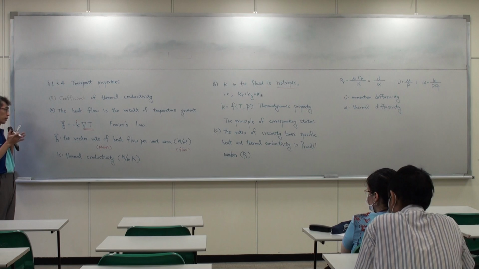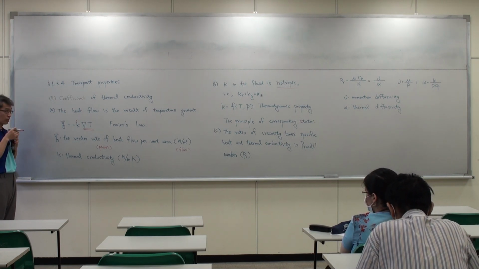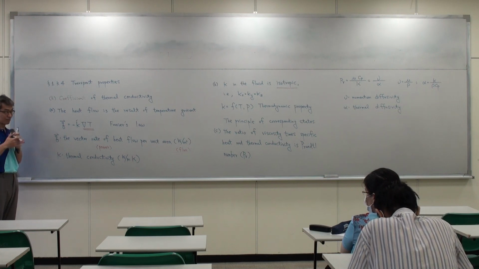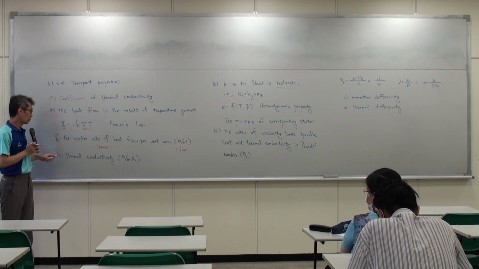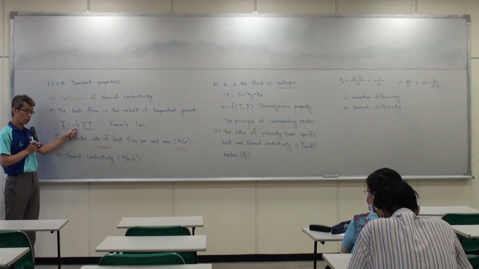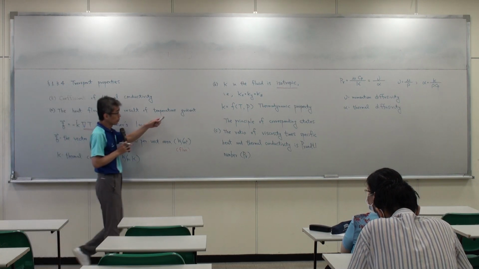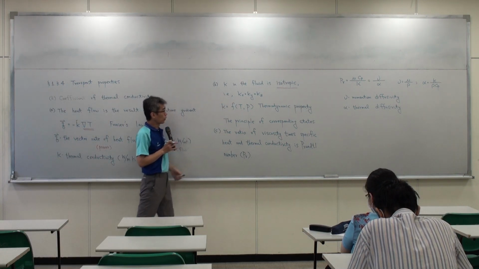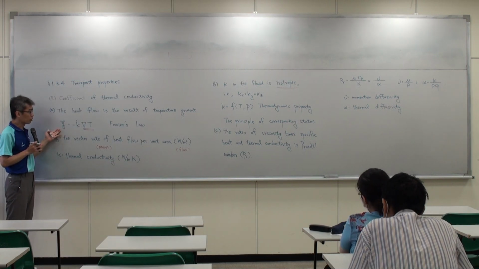But for the fluid, because the fluid is quite equal, they don't have a preferred direction. So that means in the x, y, z directions, we can use the same constant. So for this, we will have this heat flow.